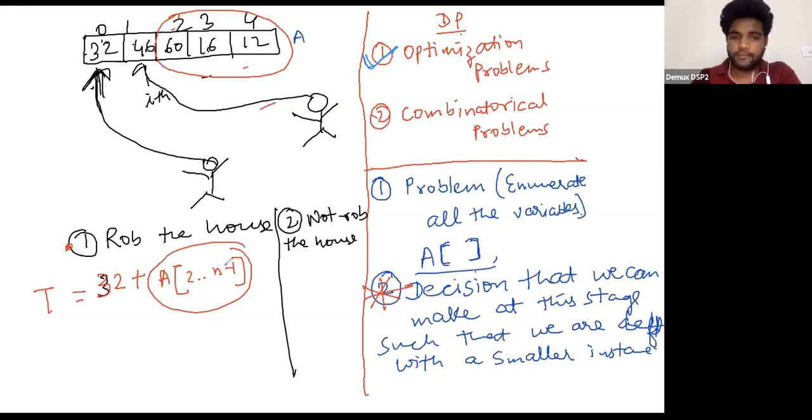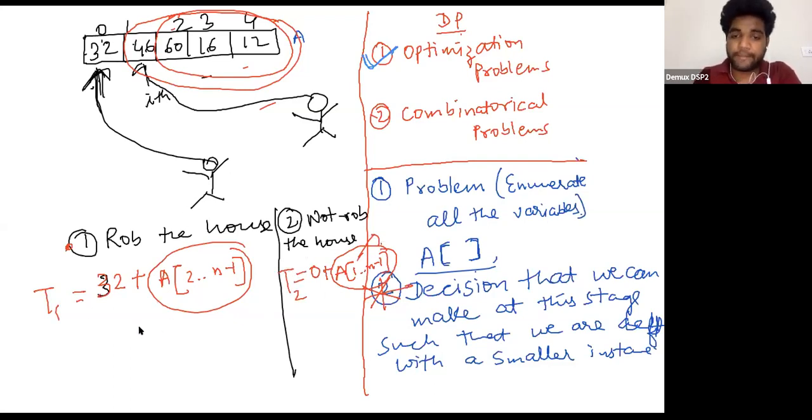Yeah. So now what is the other decision? He can choose to not rob the house. If he does not rob the 0th house, then what is he left with? He did not get any money so far, but now he is left with array 1 to n minus 1, and whatever maximum money he can get from that plus 0 will be the total amount of money that he can get if he does not rob the house, correct?